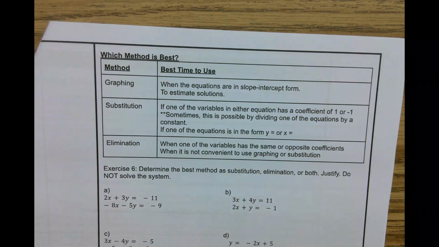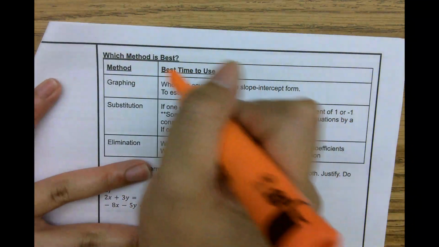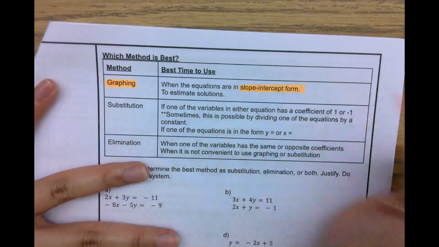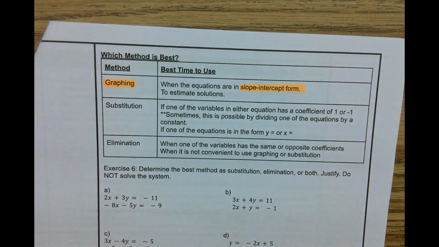Okay. So graphing, the best time to use graphing is when the equations are in slope-intercept form. When both of your equations are in slope-intercept form, we want to graph. However, sometimes our solutions are fractions or something in between.